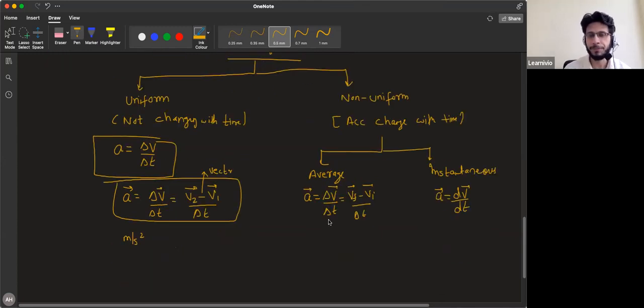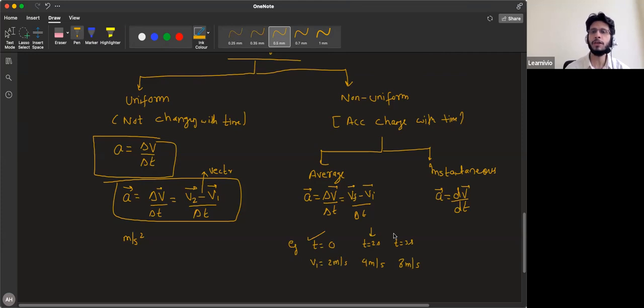There's one more thing here. If I give you an example, like if I say that at t equal to 0, the velocity is 2 meter per second. At t equal to 2 seconds, your velocity is say 4 meter per second. At t equal to 3 seconds, your velocity is, let's say, 8 meter per second. And I ask you to calculate average acceleration. For average acceleration, this intermediate quantity is of no use.